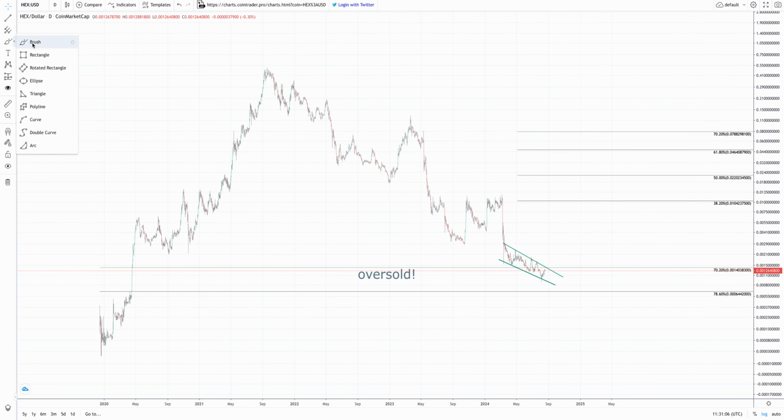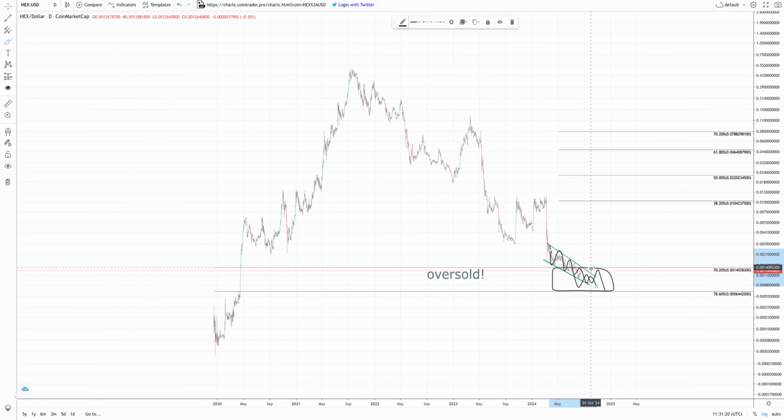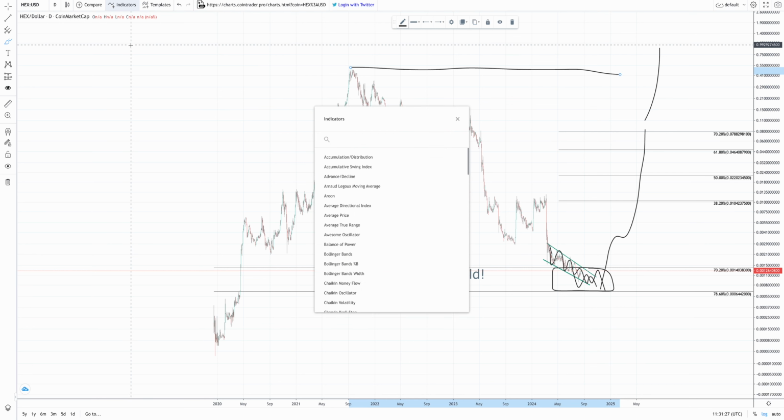Now, don't take any highly over leveraged positions over here. You would want to scale in, and the reason for that is because we must remember that HEX is still within an ending diagonal, and it may just come up towards the retracements, okay, instead of making a new all-time high. But we'll see on HEX.